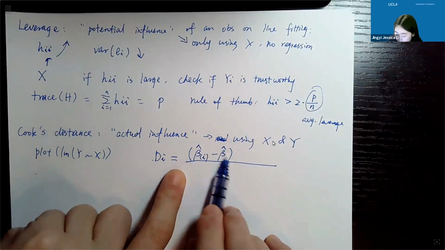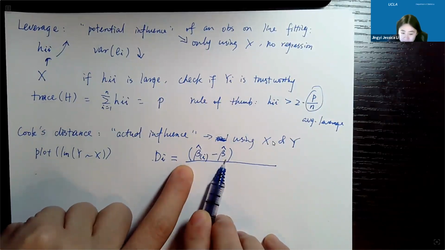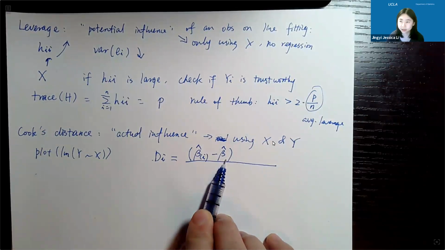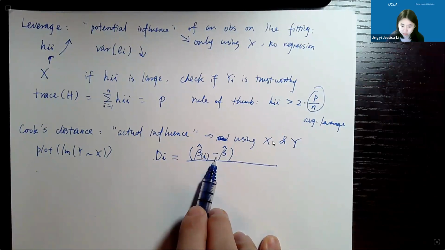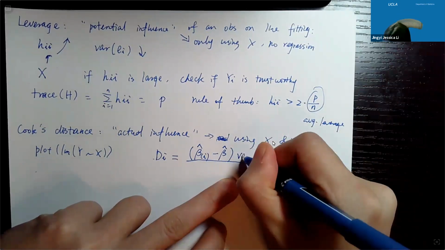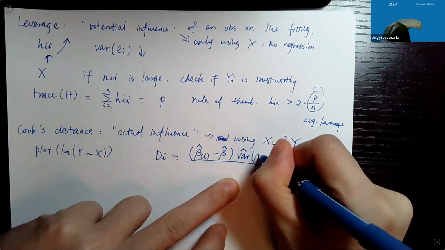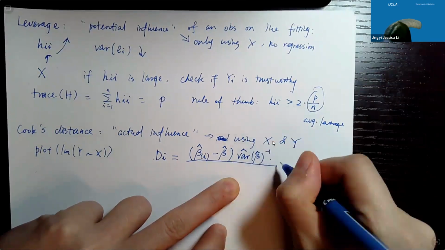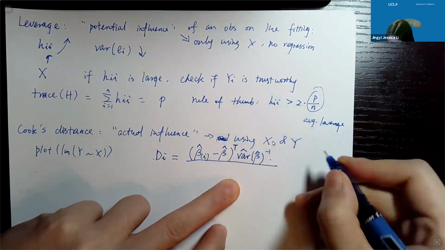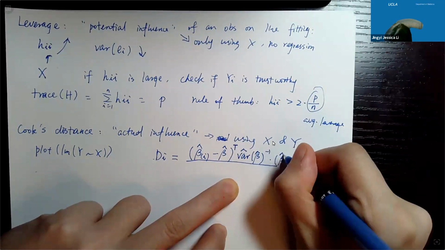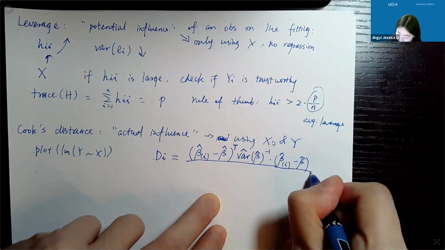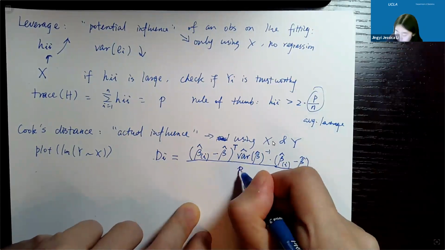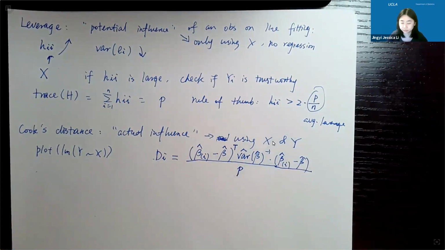You look at its square form, so you do not have a sign. And you also want to normalize that square difference by variance. So here we are basically doing this: the inverse of the estimated variance of beta hat, sorry, I have this transpose, times beta hat (i) minus beta hat. And you divide this by P. P is the number of predictors.